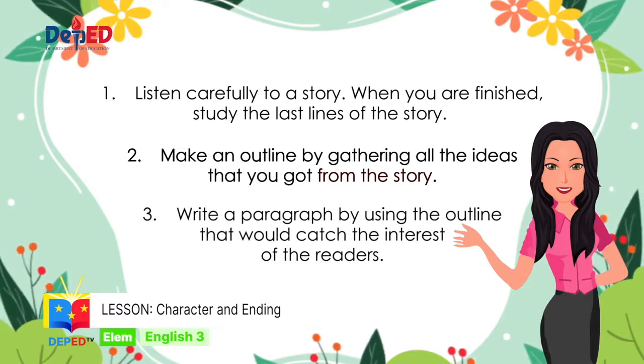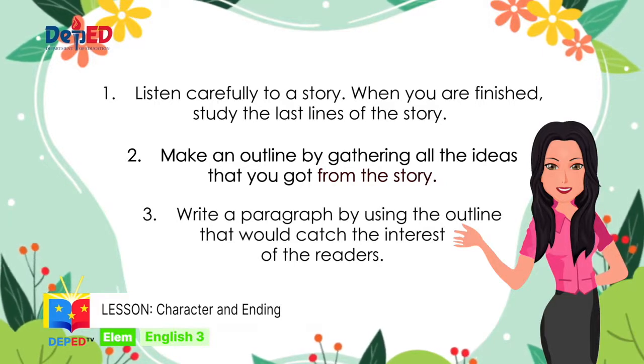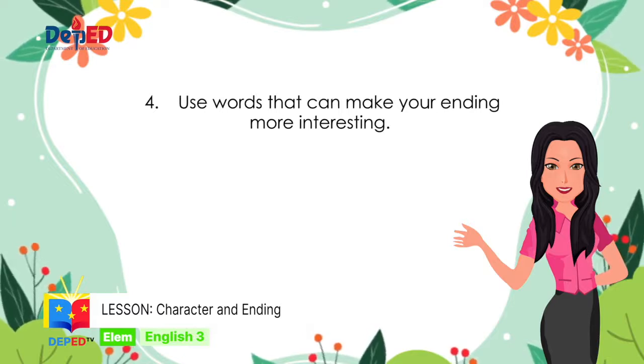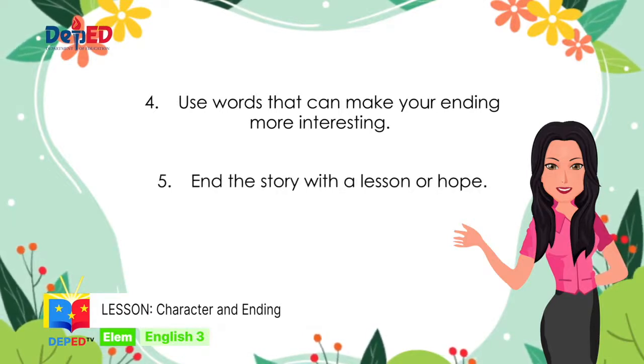Number 3. Write a paragraph by using the outline that would catch the interest of the readers. Number 4. Use words that can make your ending more interesting. And number 5. End the story with a lesson or hope.